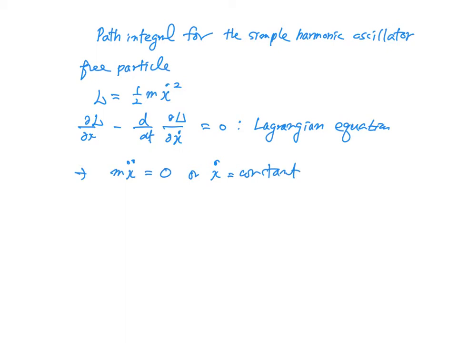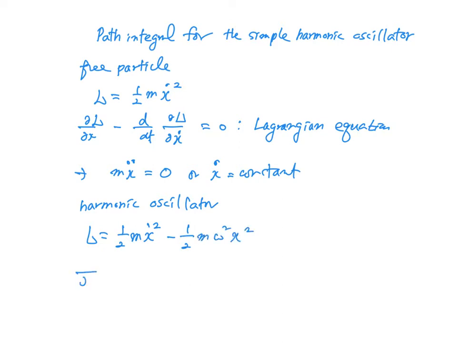For the harmonic oscillator, the Lagrangian is given by 1 over 2 m x dot squared minus 1 over 2 m omega squared x squared.